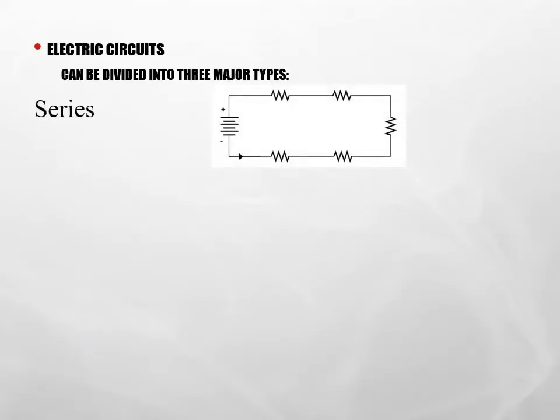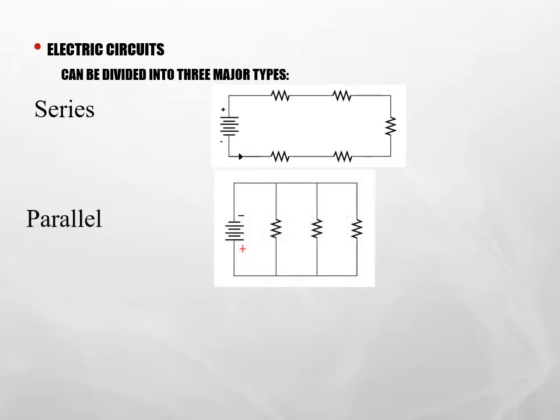So far, we looked at the series circuit. And under series circuits, voltages add, current is common, resistance adds, and power adds. Next, we're going to look at the parallel circuit, which has a slightly different set of tenets.